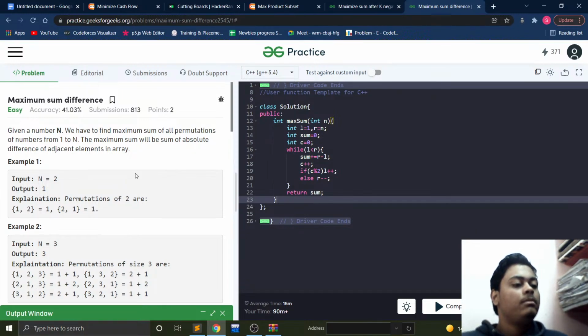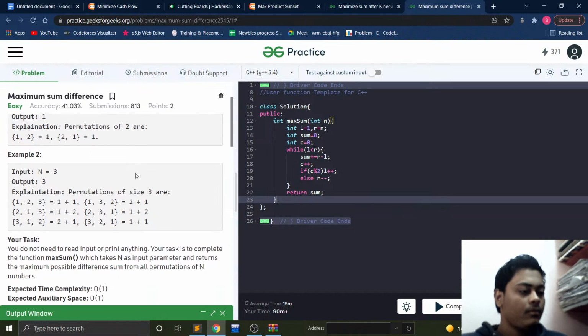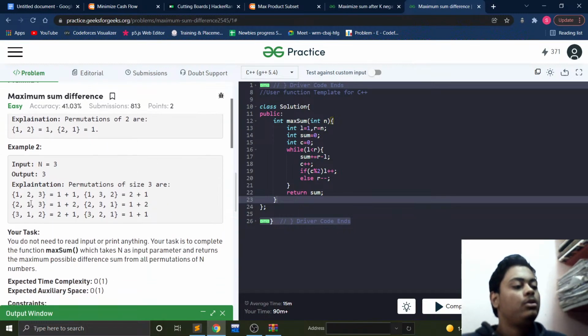The maximum sum will be the sum of absolute difference of adjacent elements in the array. Checking permutations of 1 2 3: 1 2 3 gives 1 plus 1, 1 3 2 gives 2 plus 1, 2 1 3 gives 1 plus 2, and so on.